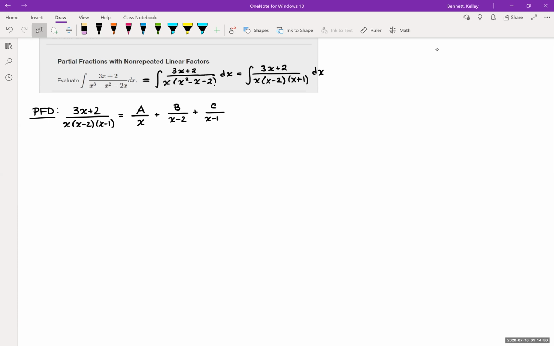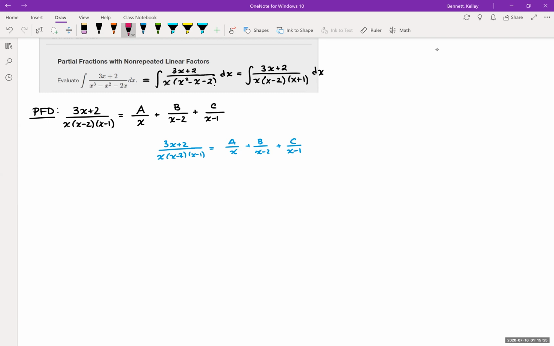The whole thing really comes from the idea that you want to clear out this denominator. So if I rewrite this whole thing, which, bear with me, I'm only going to write this out in full one time.